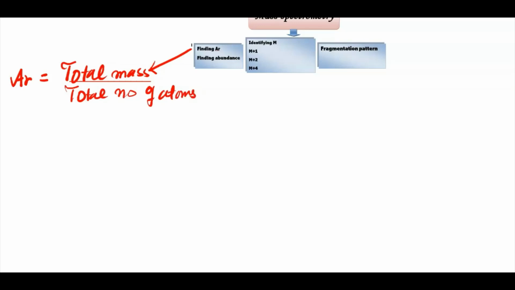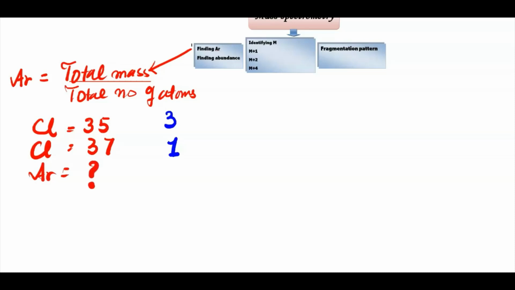Okay, so for example, if you are given Cl isotope 35 mass and Cl isotope of 37 mass, and their relative intensities are 3:1, you need to find their AR.